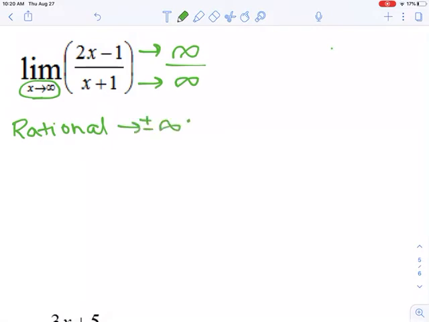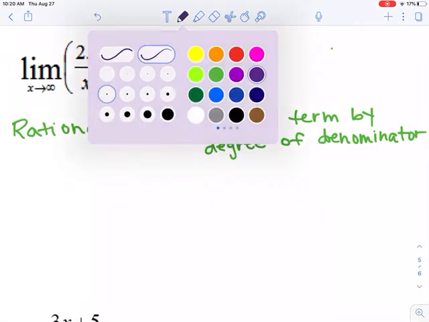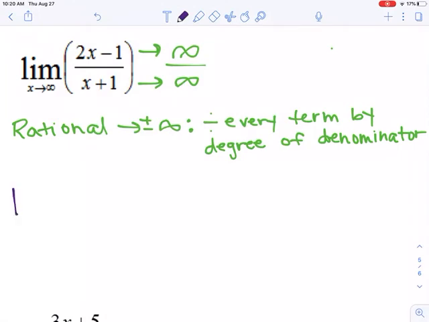But what your strategy is going to be when you have a rational towards infinity or negative infinity, okay, we can divide each term by the degree of the denominator. I'll show you what I mean.